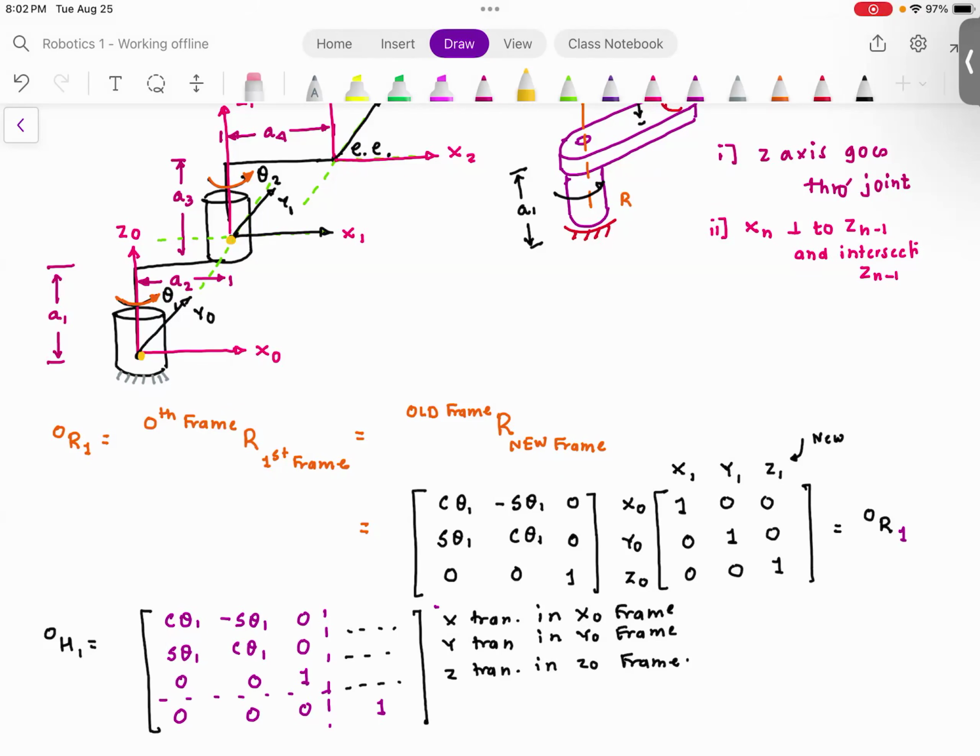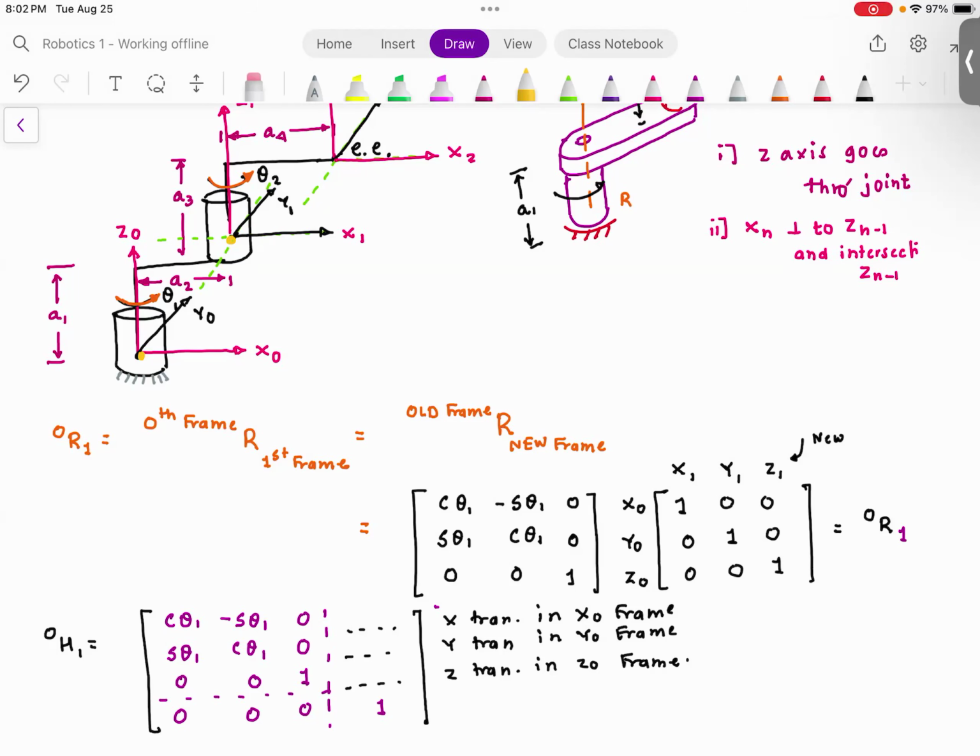Everyone agrees with this? Now please understand, these relationships should be valid for all the values of theta. Which means even though the value of theta is 0, 30, or 40, these translations should remain valid.